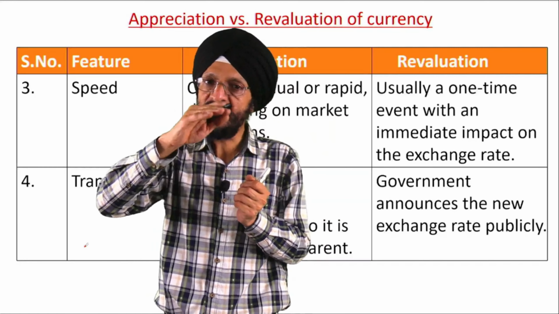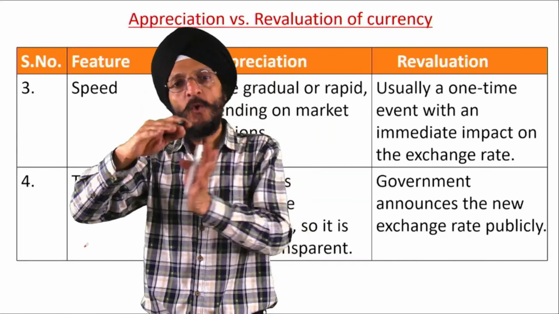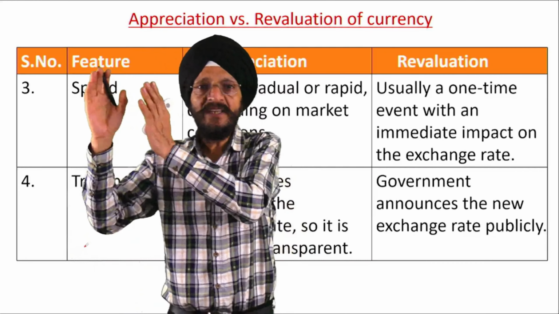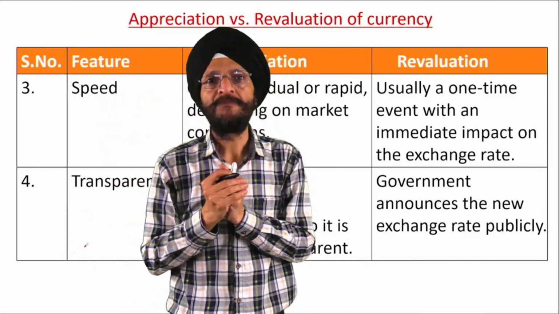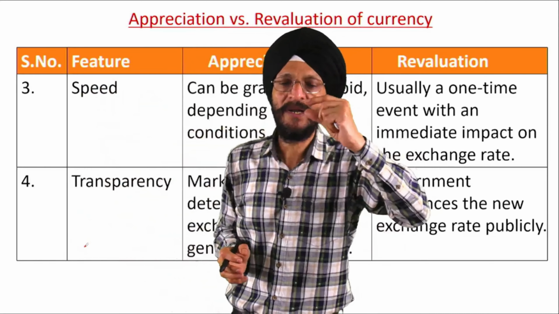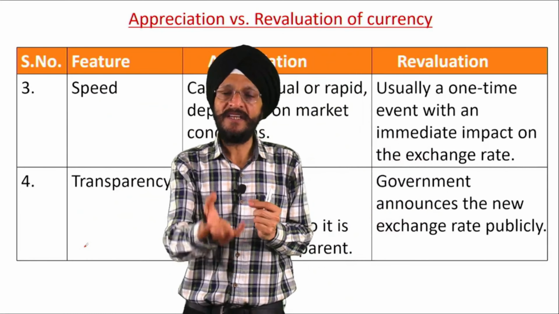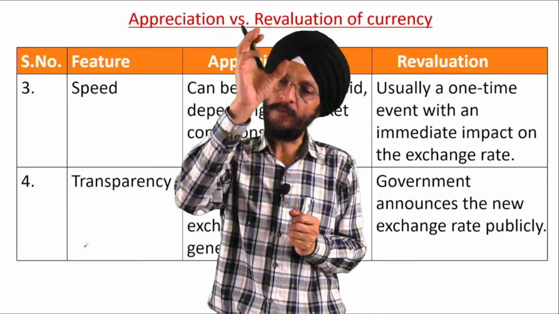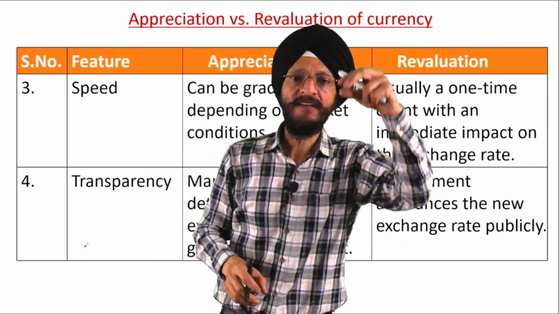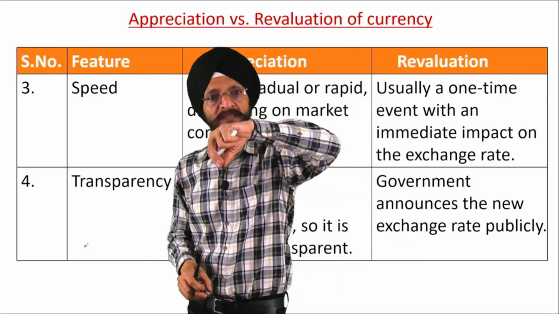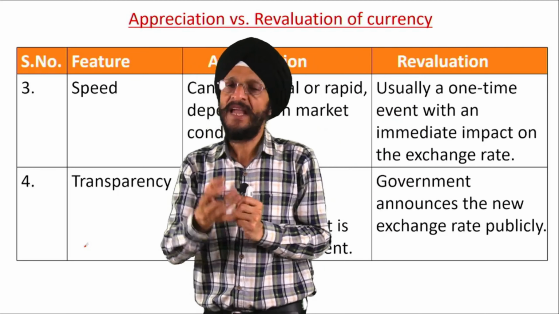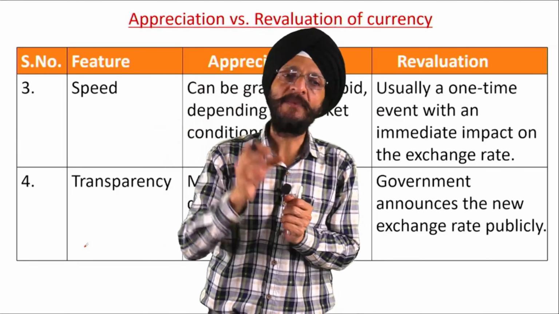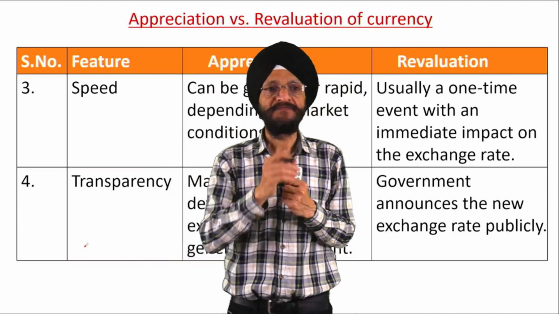But in the case of revaluation of currency, it is a one-time event. The government may decide that it is increasing the value of its currency by, say, 10%. It is a one-time event. The government has decided today and it will have immediate impact on the exchange rate as decided by the government or the central bank of the country.